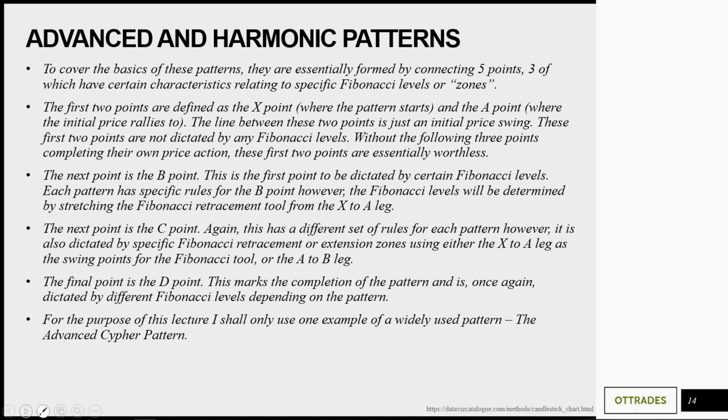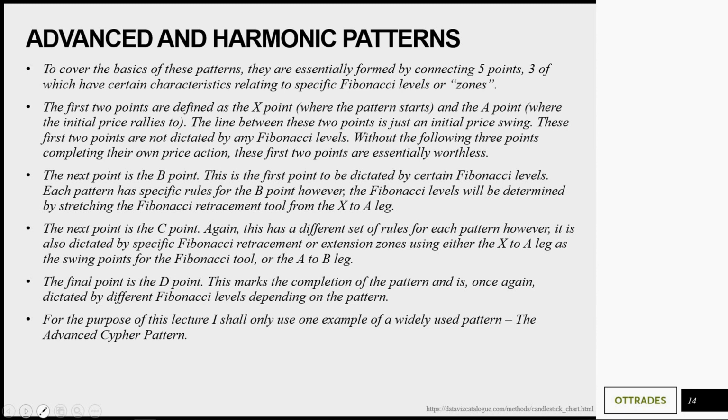So to cover the basics of these patterns, they're basically formed by connecting 5 points, 3 of which have certain characteristics relating to specific Fibonacci levels or zones. So 5 price movements. The first 2 points are defined as the X point.